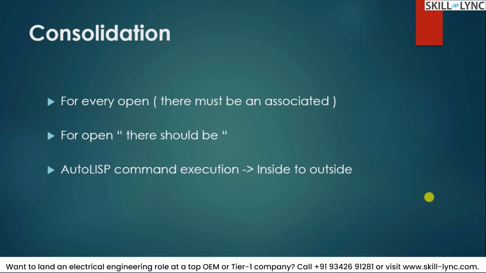Typically, when there are multiple open and closed parentheses, it will try to find the innermost content of that open and close parenthesis, that is, the innermost list function, and then try to execute it from inside to outside. So the code will be executed one by one from the internal layer to the outer layer within your single AutoLISP command.